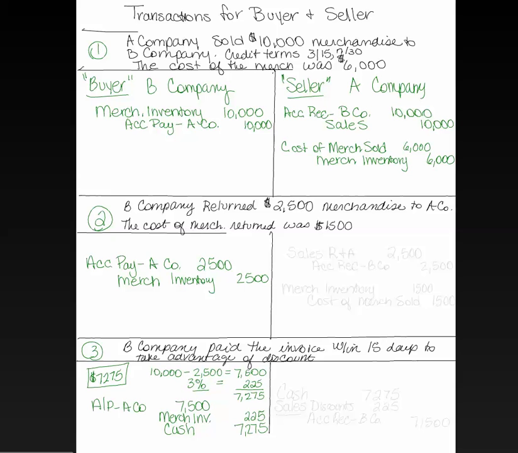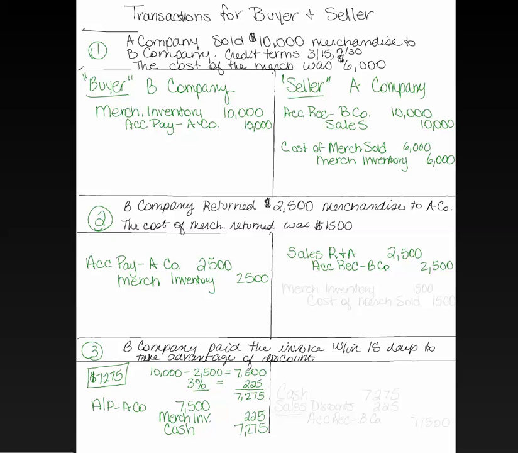Then transaction number 2, B company returned $2,500 worth of merchandise to A company. The cost of the merchandise returned was $1,500. So we need 2 entries to record the return. And remember, I'm the seller. So when a customer returns something, I debit sales returns and allowances for the retail price, which is $2,500. And I credit accounts receivable because now they owe me less.